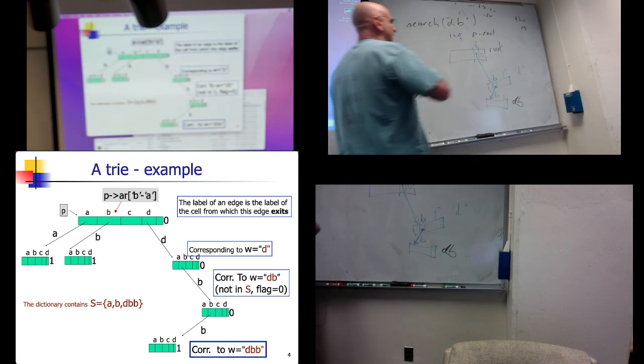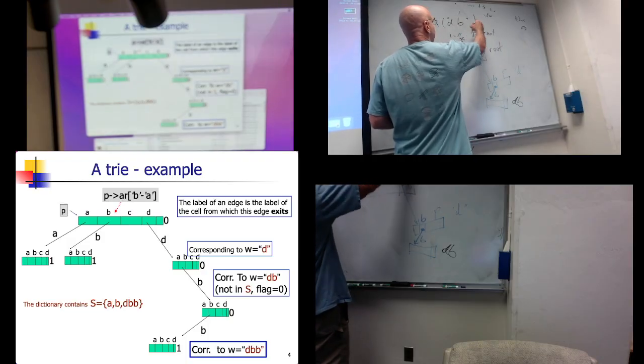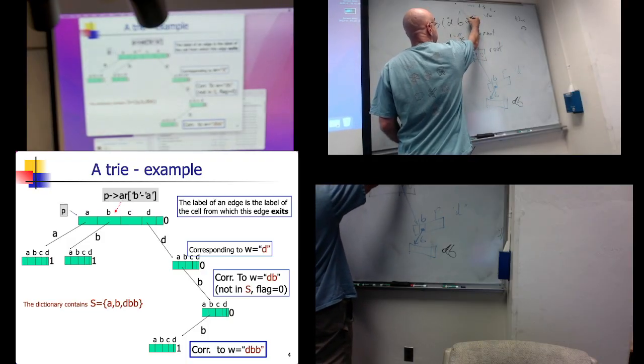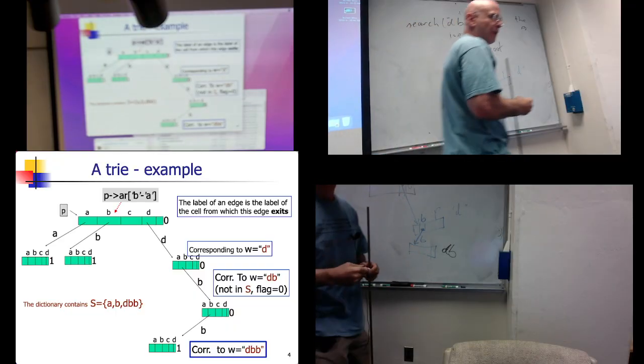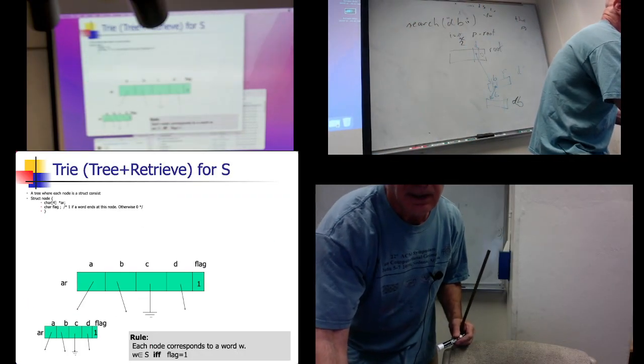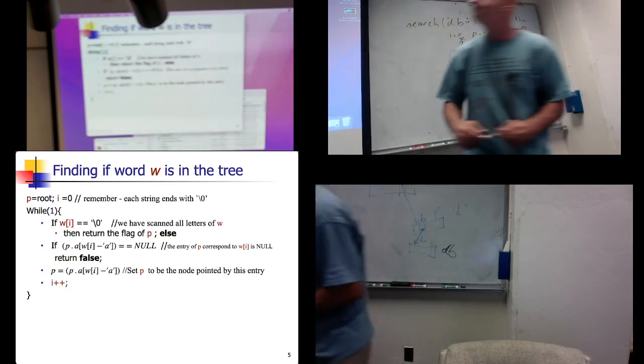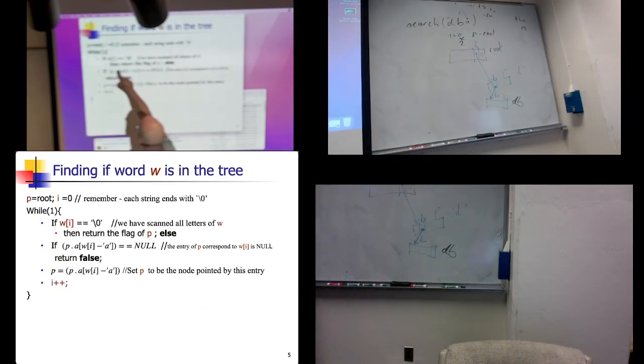I increment I, in this case I equals 2, meaning that I see the \0 at the end of the string. I get to the end of the string. So what do I return when I visited this node? I'm just returning the flag of this node that I'm looking at.